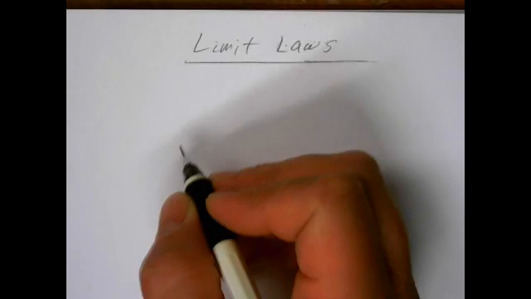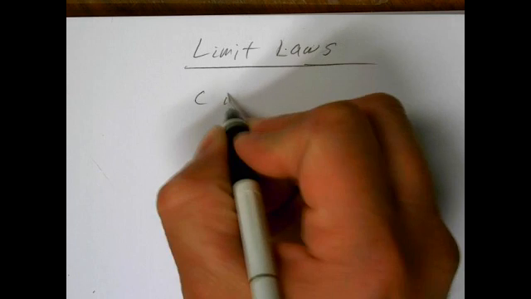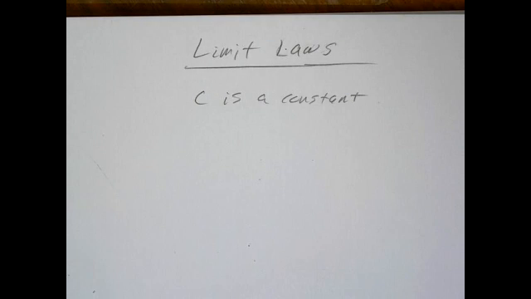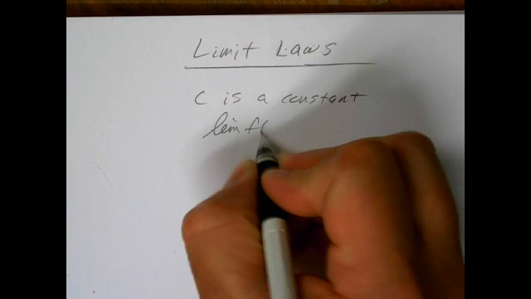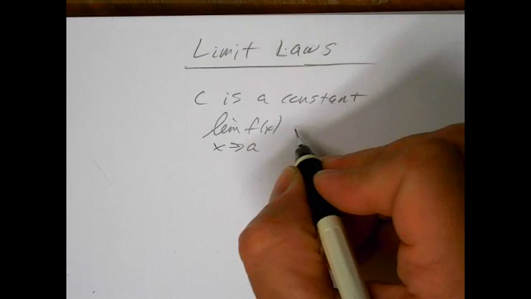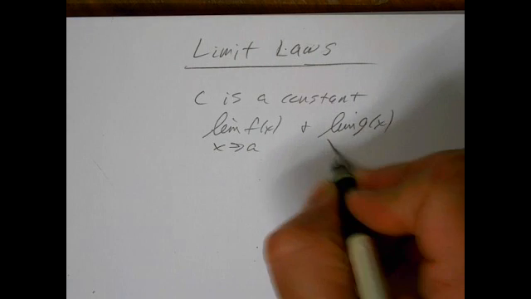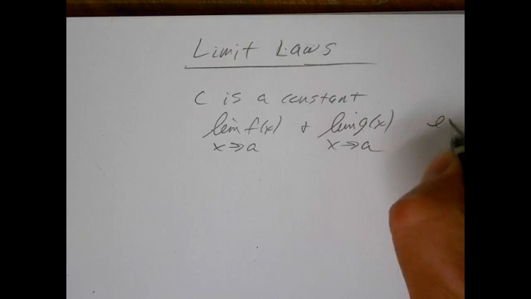All right. So some assumptions we're going to make before we state or use these laws. Number one, C is a constant. So we're going to use the letter C to represent some arbitrary constant. Also, the limit of f of x as x approaches a, and the limit of g of x as x approaches a, both exist.